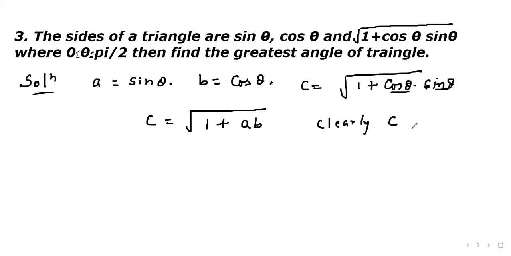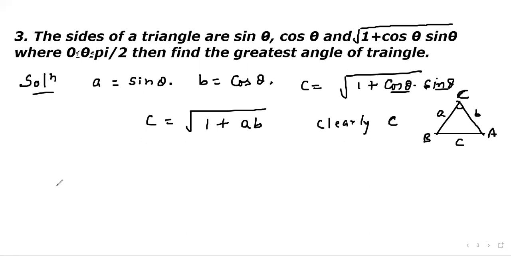So c will be largest. So since side c is largest, it means the angle opposite to it, if this is c, so this will be angle C. If this is A, then the opposite side will be small a. If this is angle B, then the opposite side will be small b. Since c is the greatest side, hence angle C will be the largest.